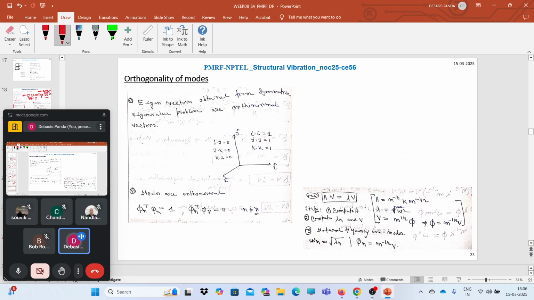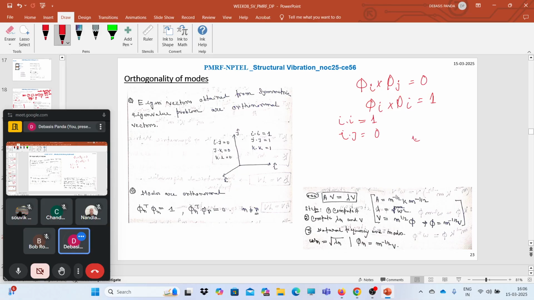And also the modes are orthonormal to each other. That means phi i dot phi i will be equal to 1, but phi i dot phi j will be 0. That means phi ith mode multiplied by phi jth mode equals 0, but phi ith mode into phi ith mode will be 1.